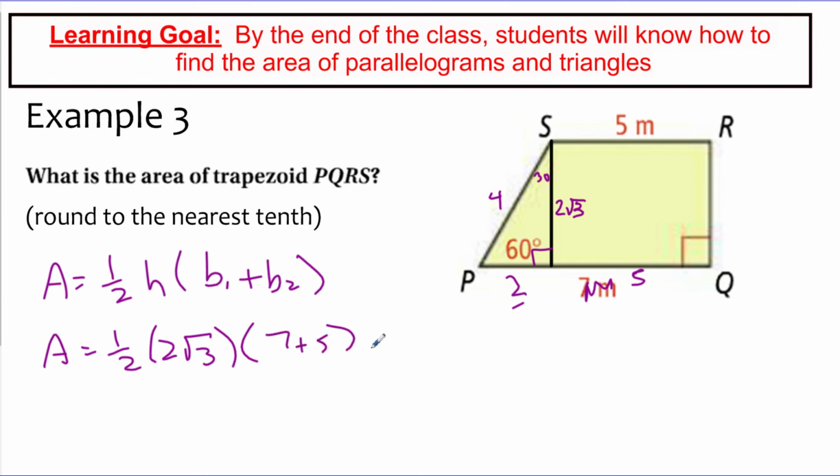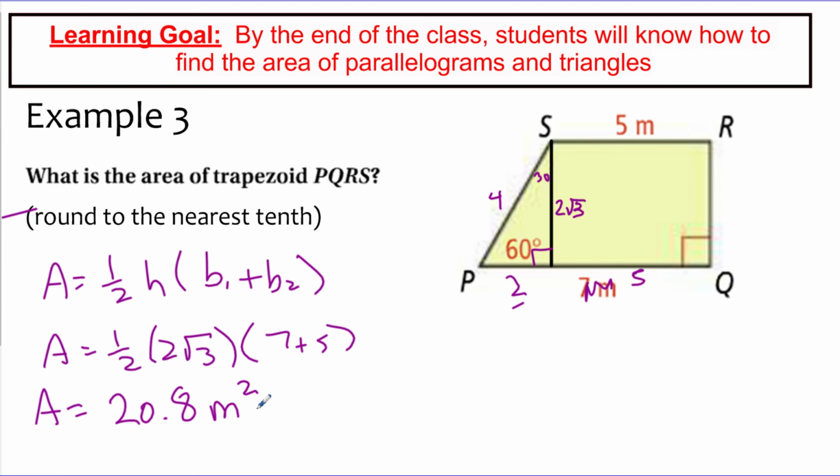From here on out it's calculator work: 2 times the square root of 3, times 1/2, times 7 plus 5, which is 12. Since they didn't ask for simplest radical form, but for the nearest tenth, we get about 20.8 meters squared as our area.